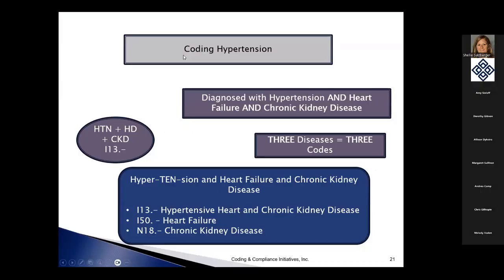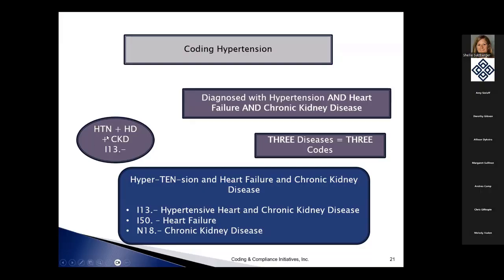So we have hypertension, heart disease, and chronic kidney disease, I13. Again, 3 diseases, 3 diagnoses, 3 codes.